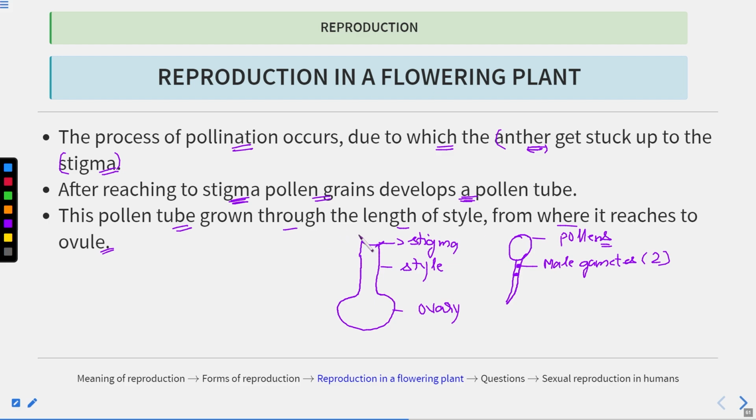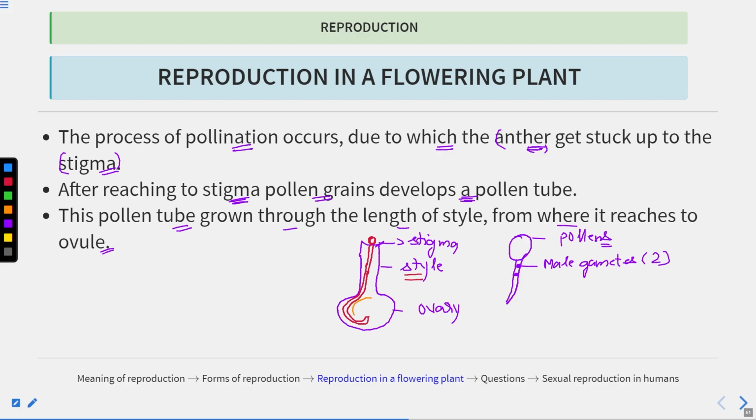of the egg. So here, suppose a pollen grain lands here, then it will germinate to form the pollen tube. This pollen tube will travel through this style, and then it will reach here, and finally enter into the ovule. So the ovule you can draw like this.